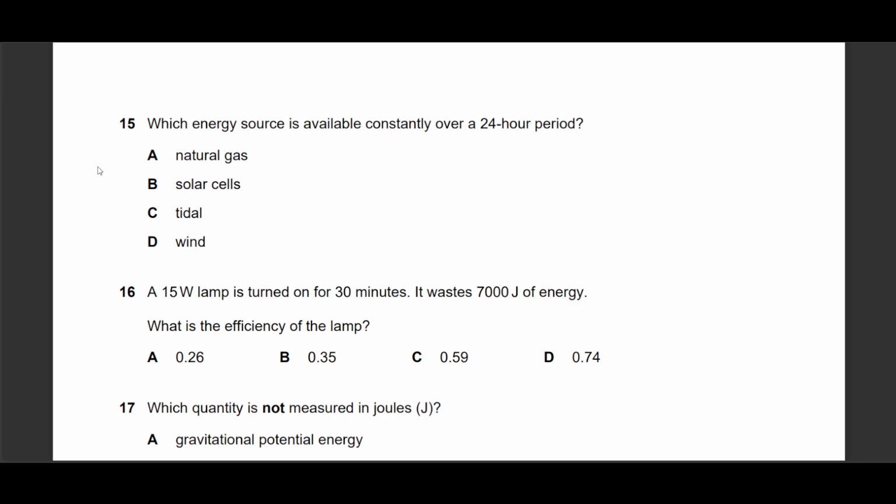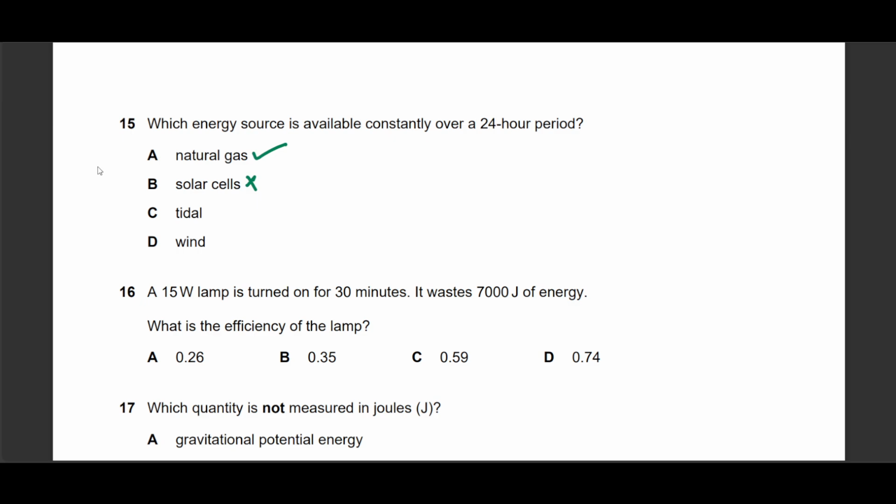Question 15: which energy source is available constantly over a period of 24 hours? Natural gas seems to be, because of course it comes from the Earth's crust. We can access it however much we want. Solar is only available during the day. Tidal comes from the sea waves, from the fact that there is land breeze and sea breeze. Air moves from land to sea and then from sea back to the land.